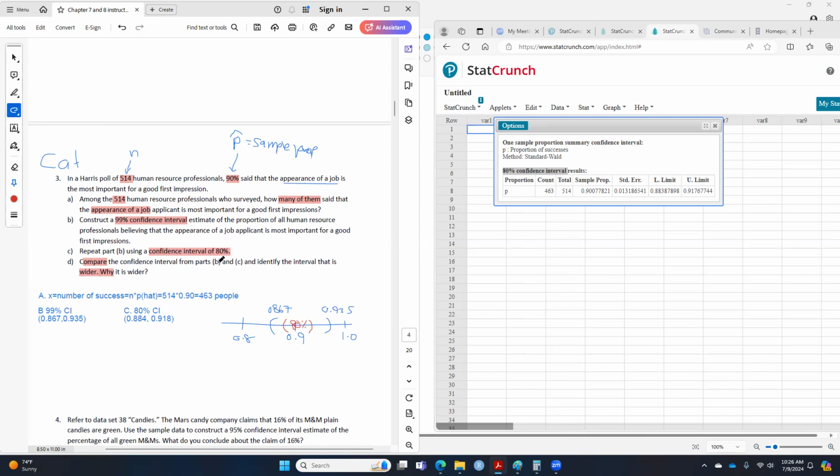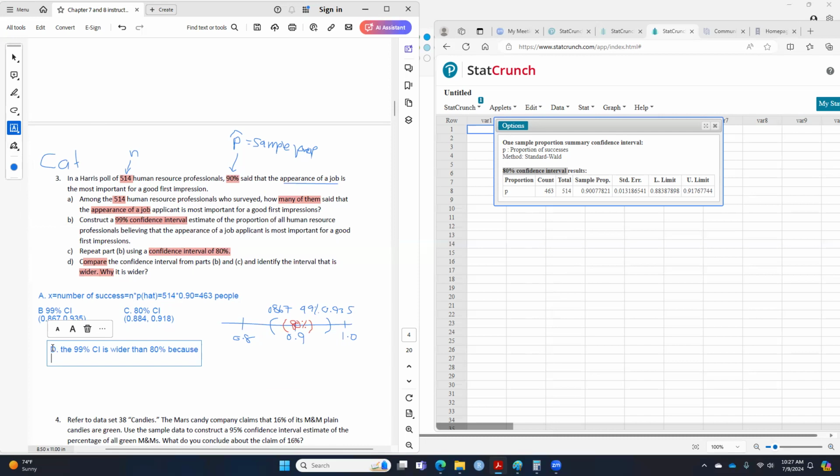Now if you compare the 99 and the 80, the question is asking which confidence interval is wider. So you notice that the 99% confidence interval is wider than 80%.